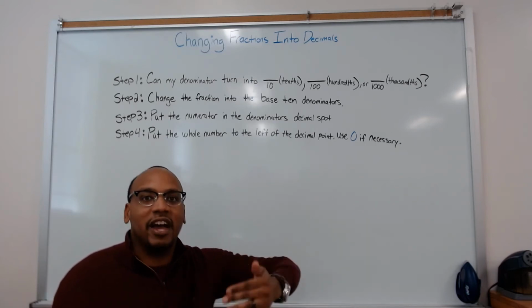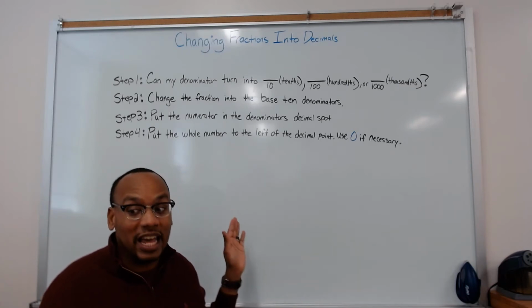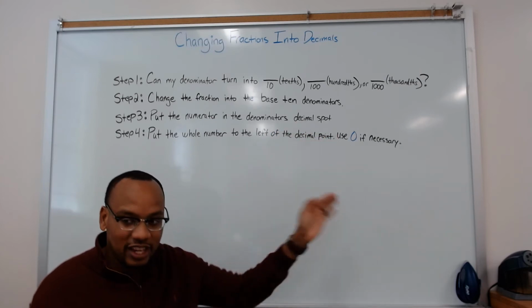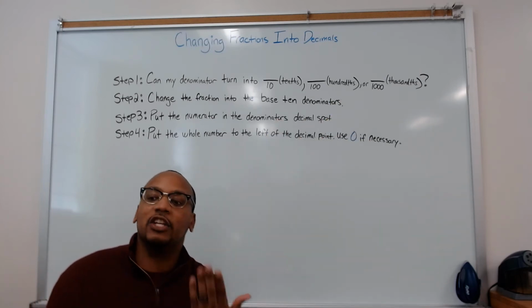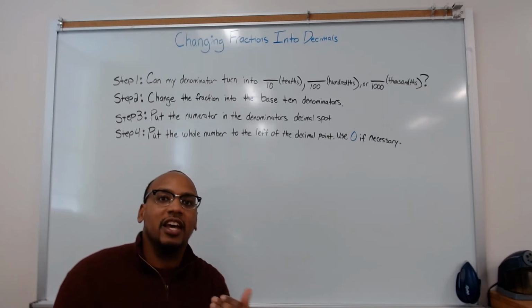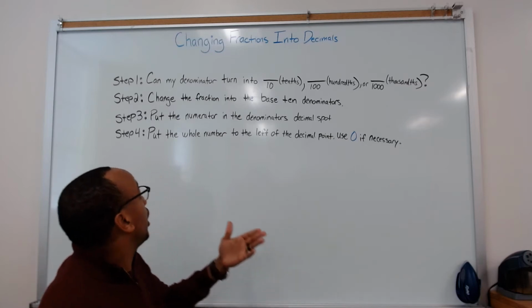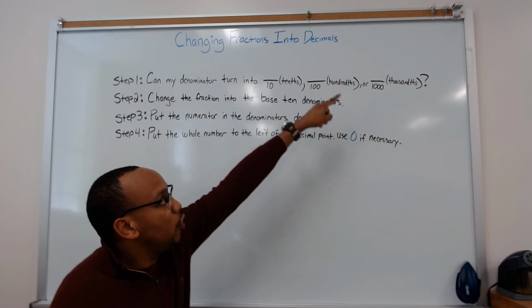And the place value spots you have behind the decimal point are tenths, hundredths, and thousandths. So whatever fraction you start off with, you have to ask yourself, can that denominator turn into tenths, hundredths, or thousandths?